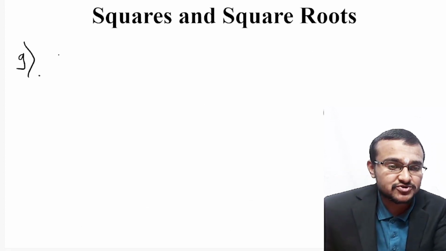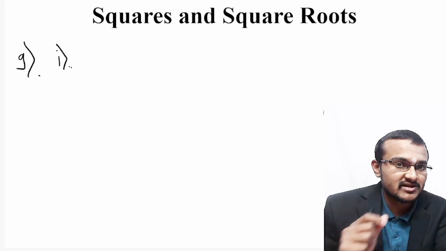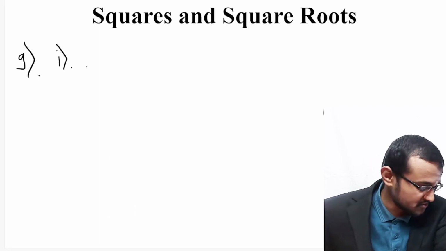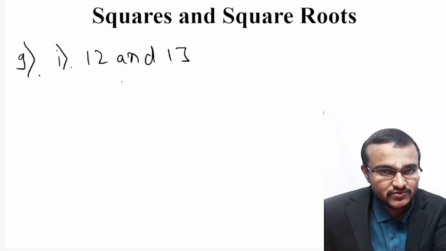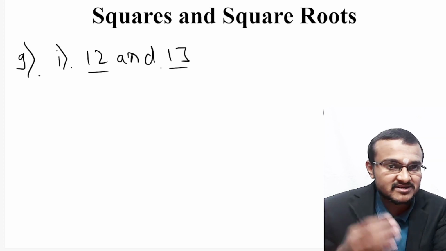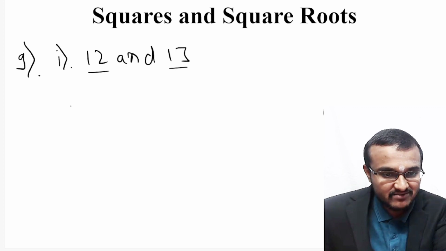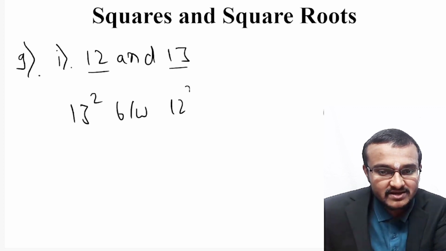So coming to the ninth question, you should find how many numbers lie in between the squares of particular consecutive natural numbers. Here, in the first question, they have given 12 and 13. So 12 and 13 are two consecutive natural numbers, and if you take their squares, you will get certain numbers. How many numbers will be there in between, that is, between 13 square and 12 square?